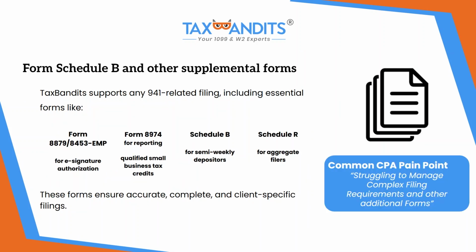Filing isn't always straightforward. Sometimes you need to include additional forms to ensure compliance. Our platform supports any 941 related filing, including essential forms like Form 8879-EMP for electronic signature authorization, Form 8974 for reporting qualified small business tax credits, Schedule B for semi-weekly depositors, and Schedule R for aggregate filers.